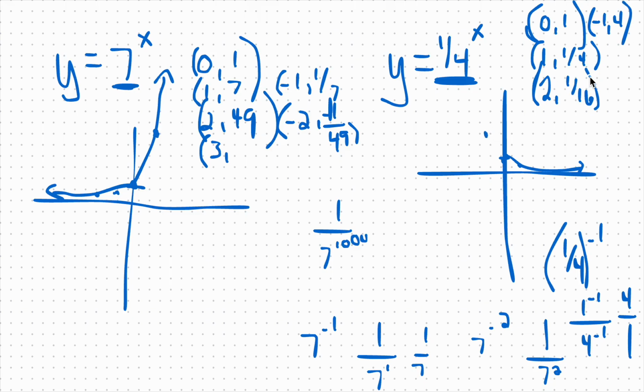I'm going to find when I plug in -2, it's actually going to be 16. And it's increasing exponentially this way. So those are the two graphs. The difference here is when I have a number greater than 1, it's going to be increasing exponentially. And when my value is between 0 and 1, it's going to be decreasing exponentially.